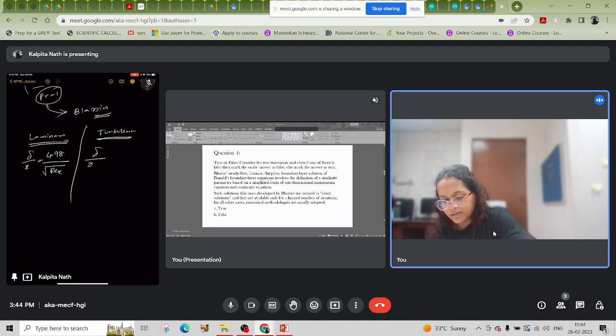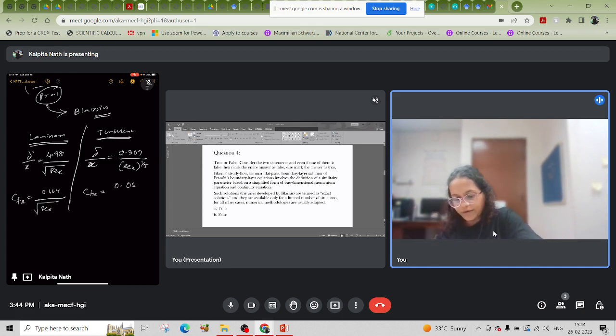And turbulent: delta by x is equal to 0.369 by Reynolds number to the power 1 by 5. And skin friction is equal to 0.664 by root over Reynolds number, and here it is 0.0592 by Reynolds number to the power 1 by 5.